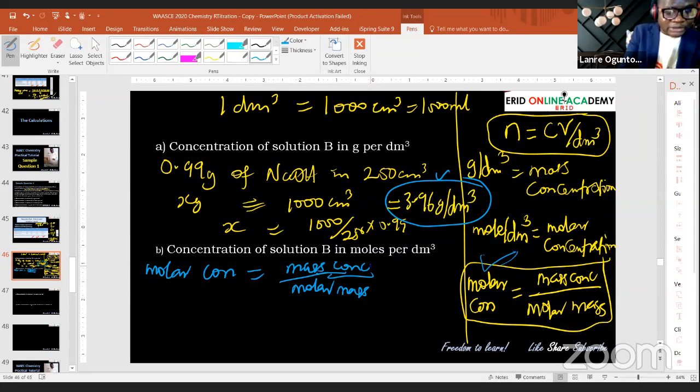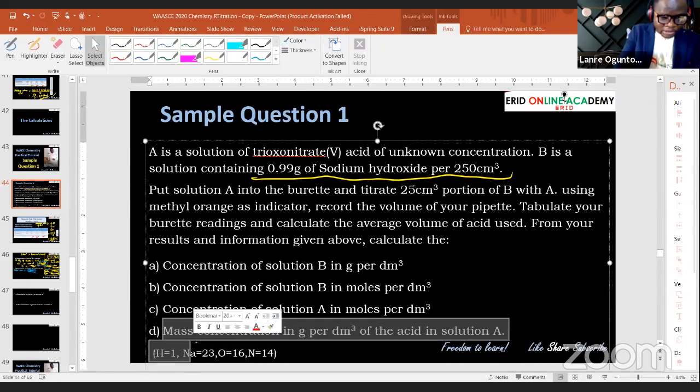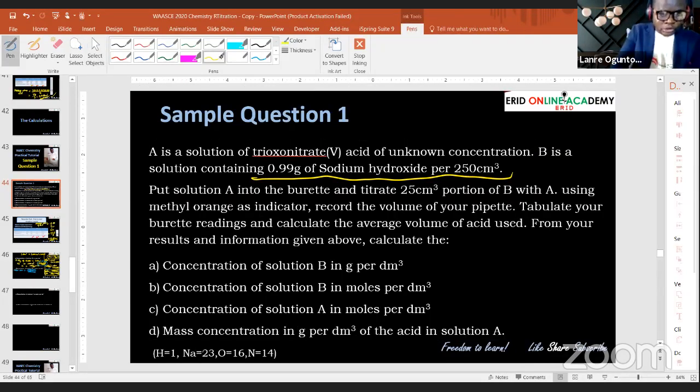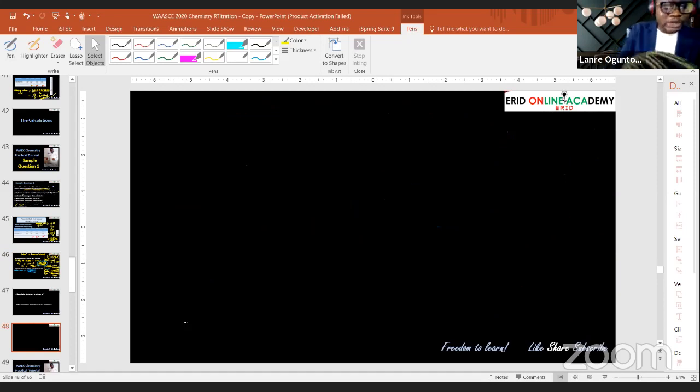The molar mass of sodium hydroxide is calculated by adding all the relative atomic masses. So if you go back to the question, you will see here that they told you sodium is 23, oxygen is 16, hydrogen is 1. So to calculate your molar mass of sodium hydroxide, you need this.